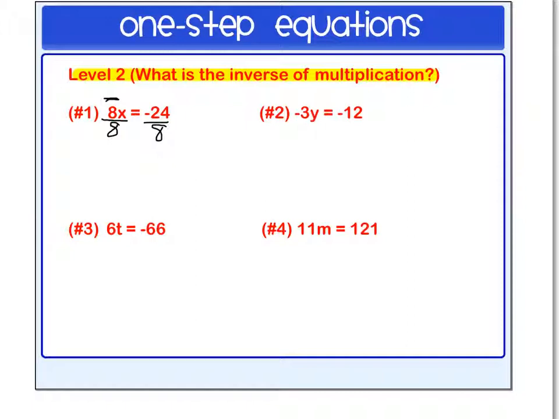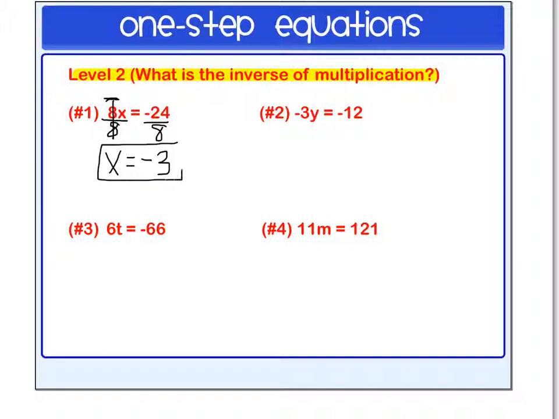Remember, the fraction bar means division. So that's why I'm using the fraction bar, because it's easiest to see then that the left side can reduce down because 8 over 8 is 1. So we're left with 1x equaling, and negative 24 divided by 8 would give me negative 3.